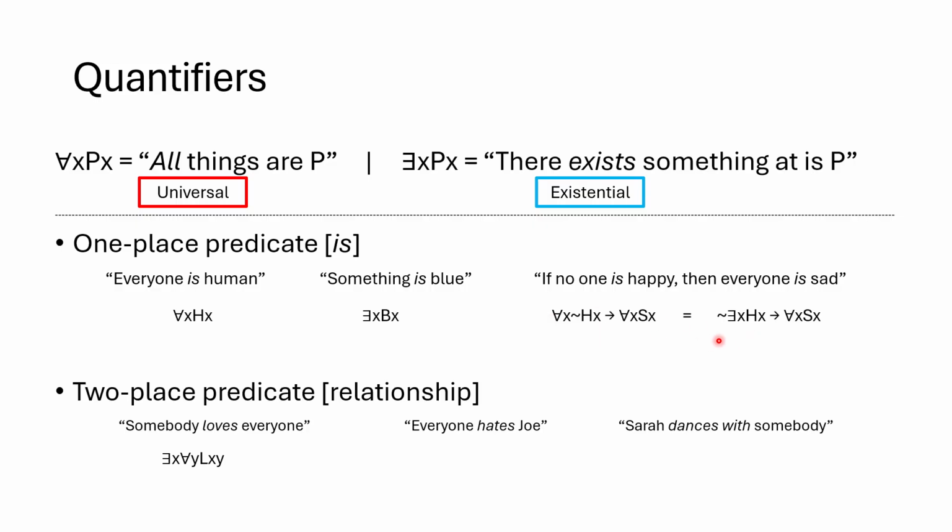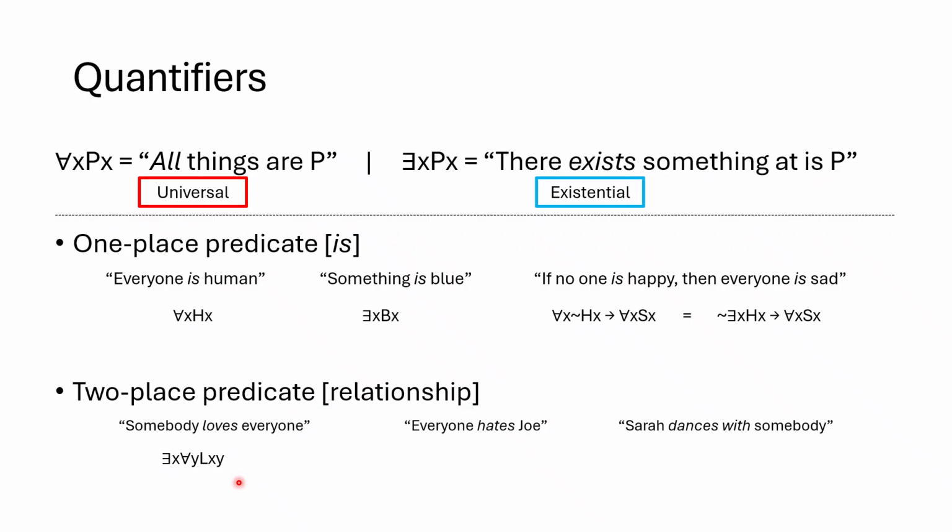But if we put a tilde in front of an existential quantifier here, it would mean there does not exist somebody who is happy, which is the same exact thing as saying everyone is not happy. We'll talk about this more once we get to the quantifier exchange rule, but it's just important to know that these statements are actually equivalent and they mean the same exact thing. So sorry that I forgot to get that on the first run.